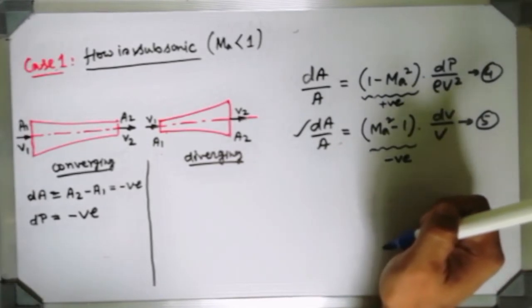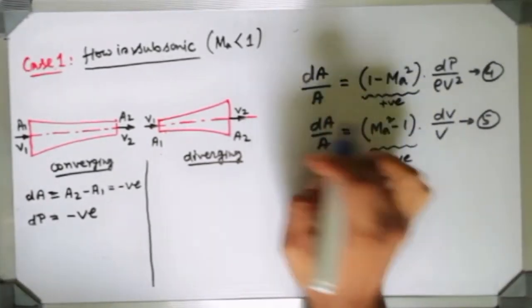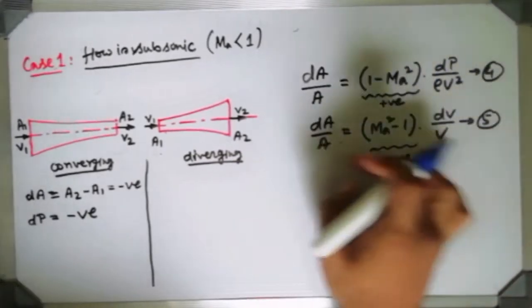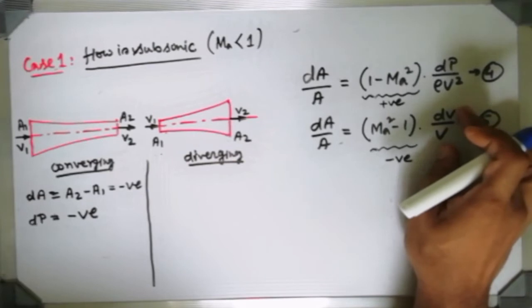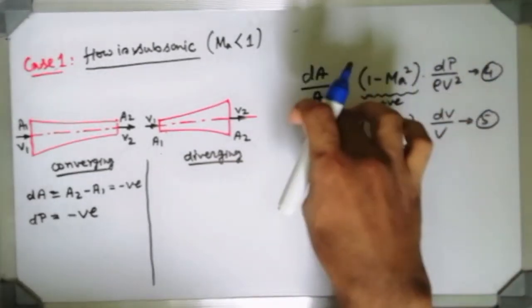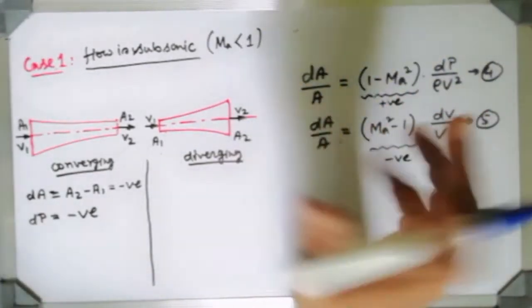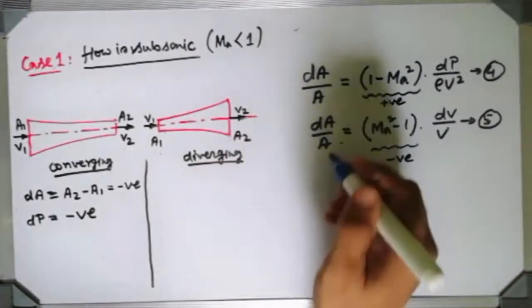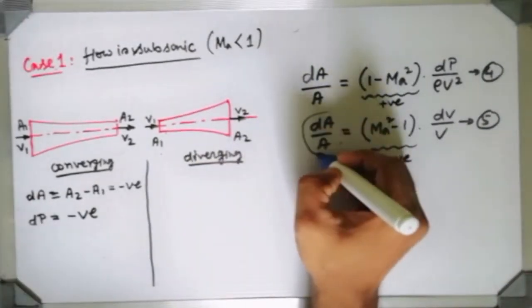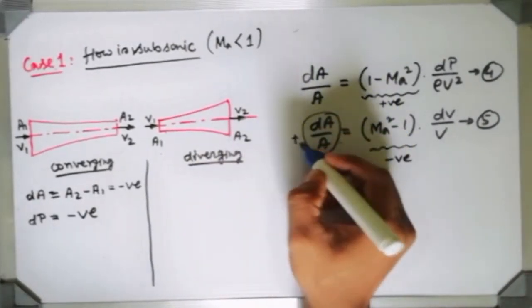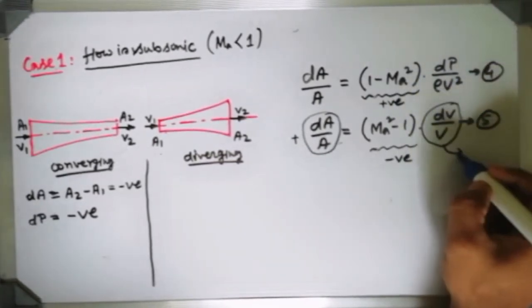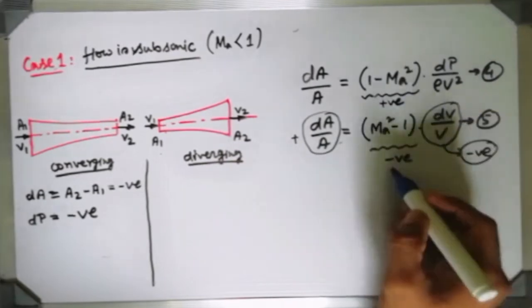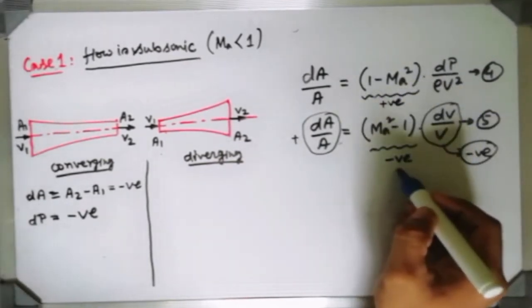Okay, what does this mean? That means this dV by V and this dA by A are now acting oppositely. Because if dA by A is positive, then dV by V will give you a negative sense, because this part is giving you a negative sense.